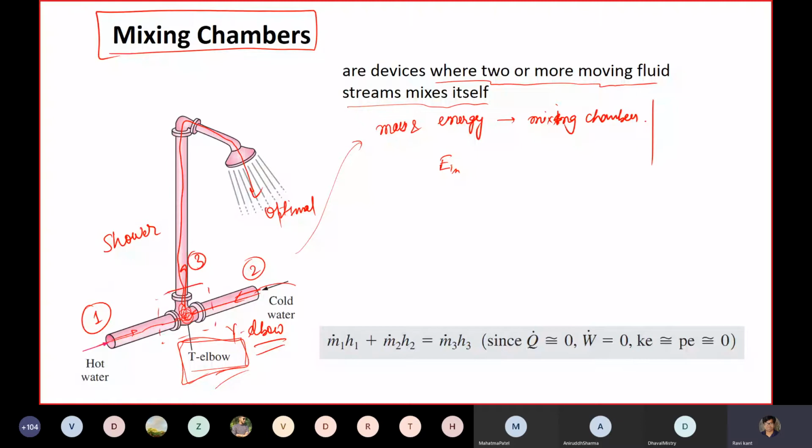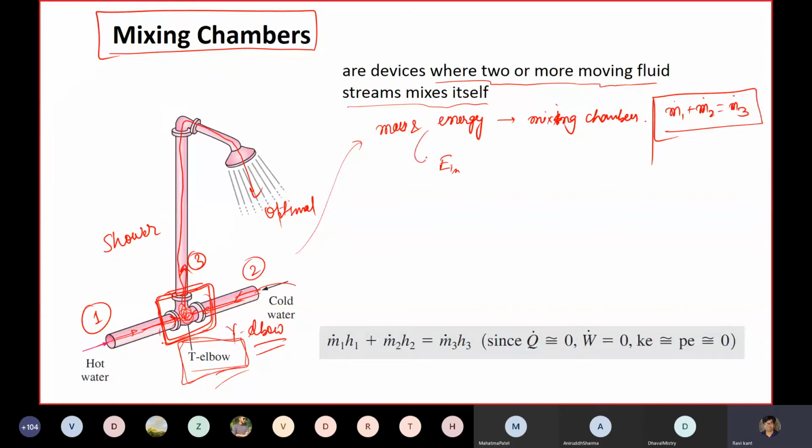Let's suppose this is your control volume. So things are coming in from 1 and 2 and going out from 3. I can always write m1 dot plus m2 dot is equal to m3 dot. Total mass in is equal to total mass out. So this is your mass balance equation.